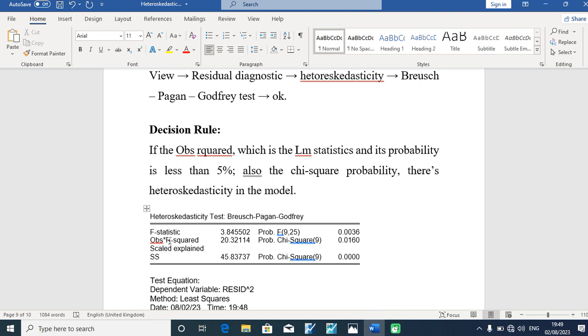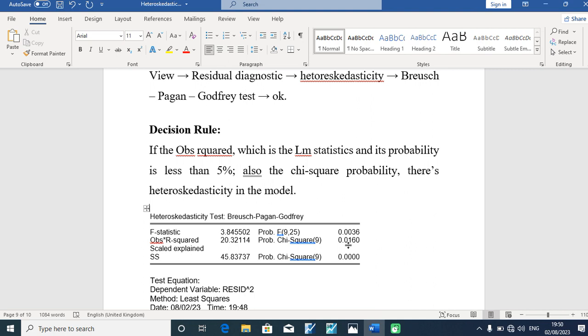The p-value of the observed R-squared is 0.0160. The p-value of scaled explained SS is 0.0000, which means that there is a problem with this result. This result is having an issue with heteroskedasticity. There is a full-blown heteroskedasticity problem in this result. You cannot present a result that has this kind of problem.